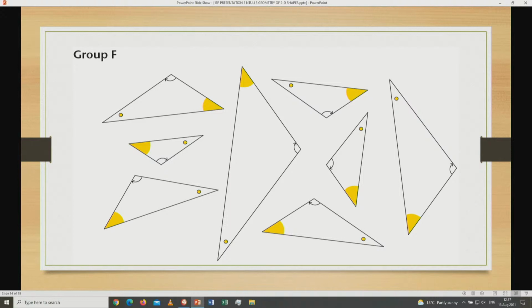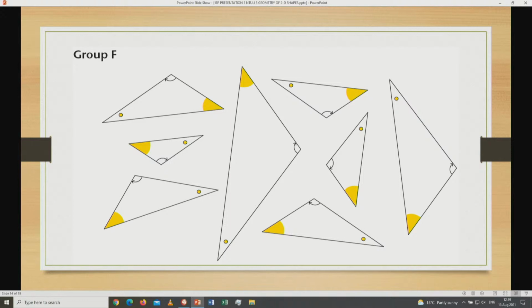Let us look at shapes in group F, and be careful there. 2 minutes. Right, guys, our 2 minutes has lapsed.